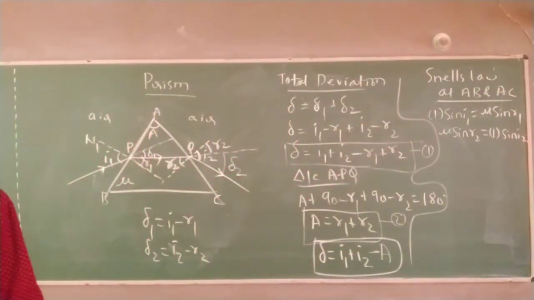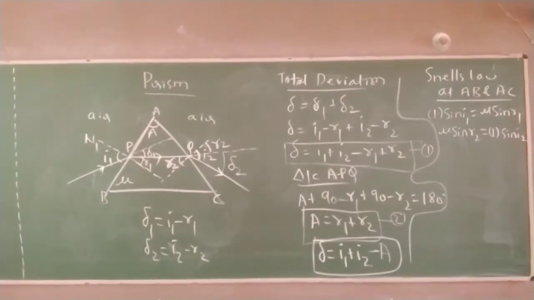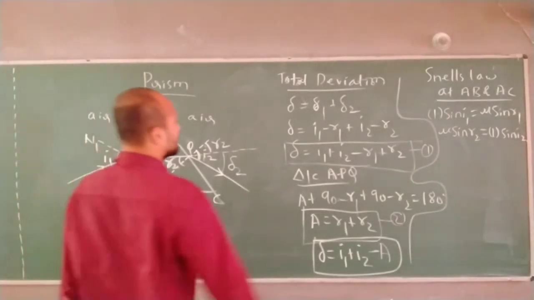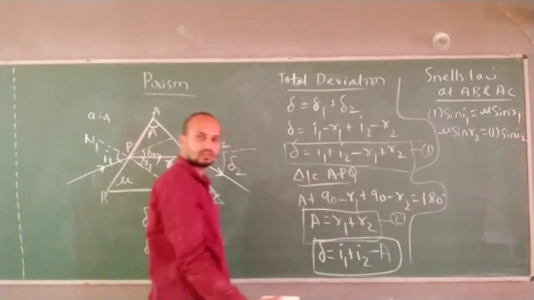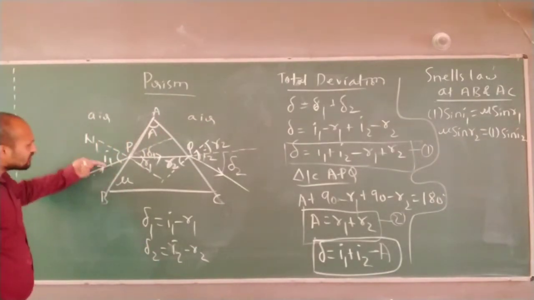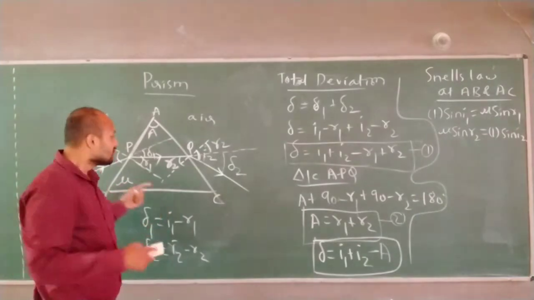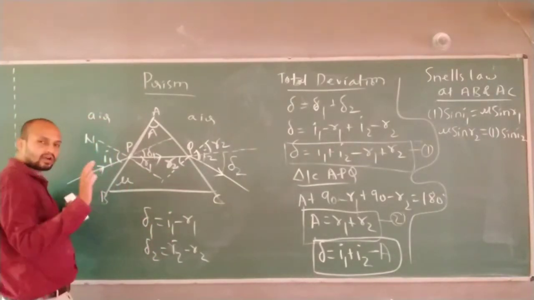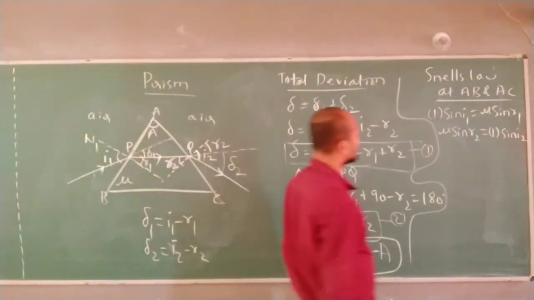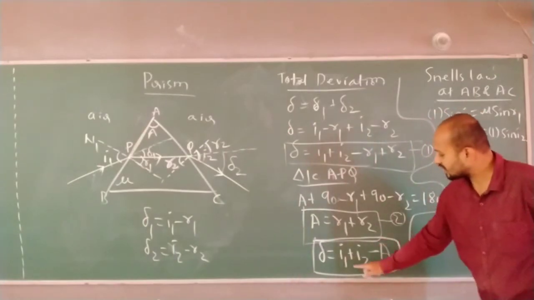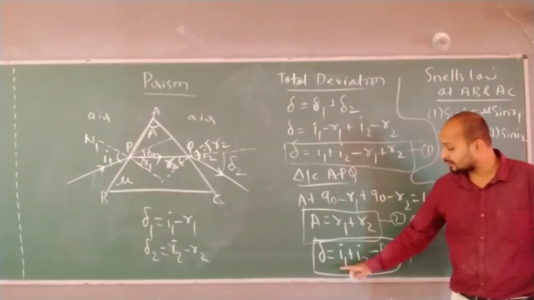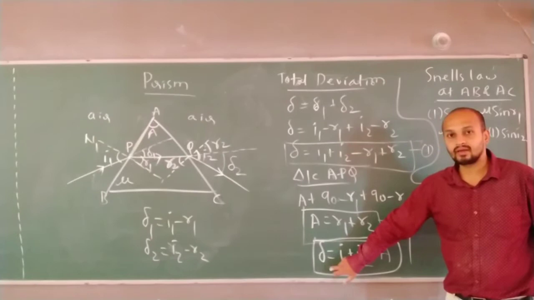Now certain more conditions we will study. We will study the concept of minimum deviation. This is total deviation. See, as angle of incidence is moving up, it will go down or something will happen. From this formula you have understood, if I1 is becoming more, delta is becoming more.